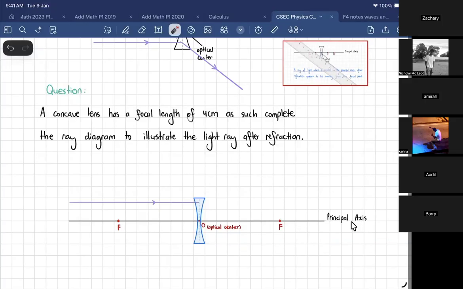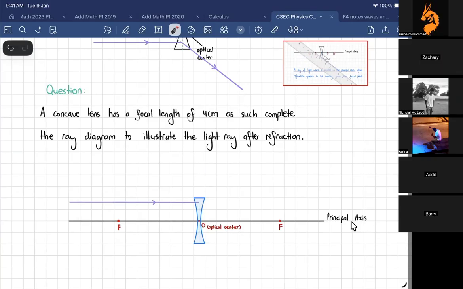So are we done? Send it to me. So we're not doing 2F as well, or it's just F? I don't have enough space to put on 2F. Okay.